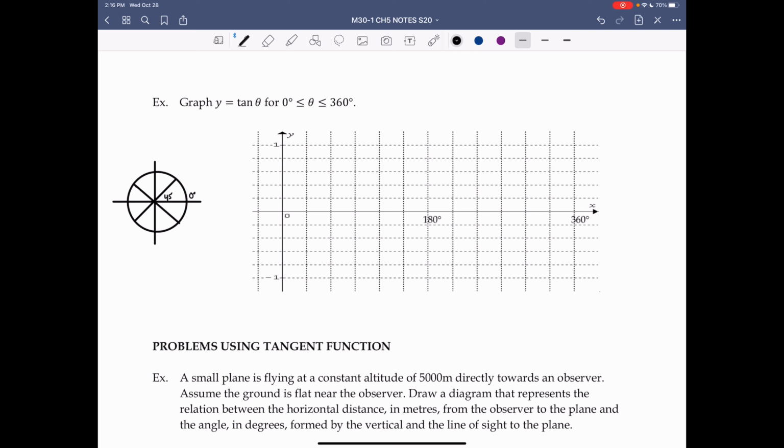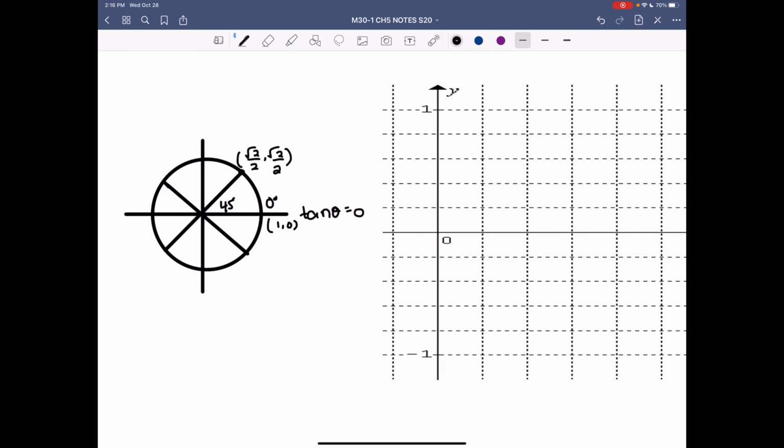At 0 degrees, we have the point (1, 0), which gives us tan theta equals 0 divided by 1, which is 0. Then at 45 degrees, we have the point (root 2 over 2, root 2 over 2). Then tan theta would equal 1.